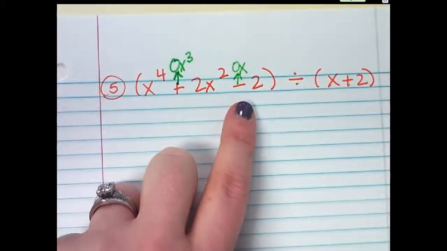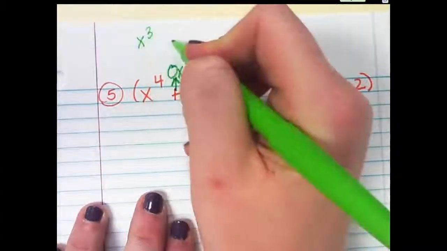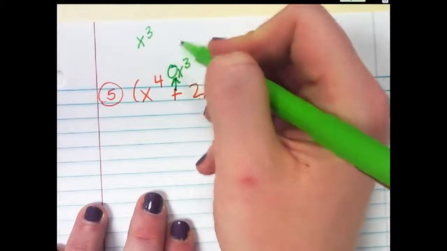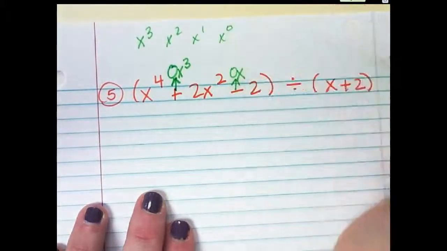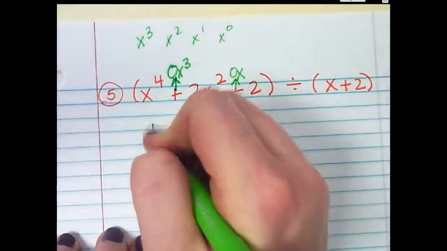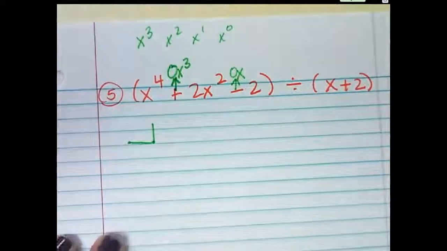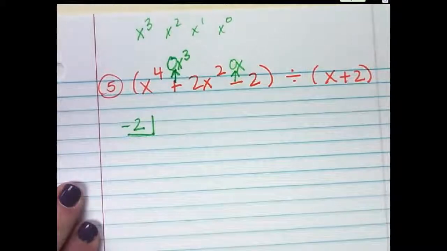So we talked a little yesterday. If you start with an x to the third equation, you should have a total of 4 coefficients. Because you would have x cubed, x squared, x to the first, and x to the 0. So if I start with x to the fourth, I should have 5 things. What goes in the box? Yes, it is negative 2.